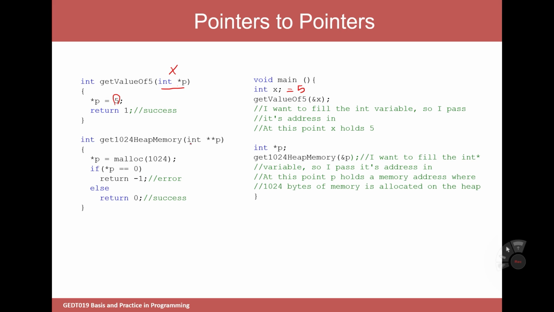Now the other way is this function. Here you will pass the address of a pointer, and then this pointer will point to some location in the memory. So I will say here, for example, star P is a pointer to a pointer.